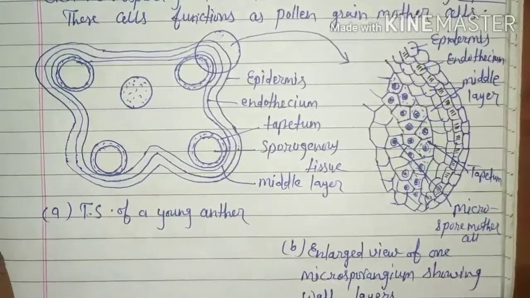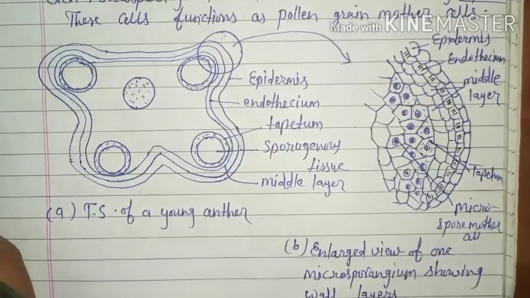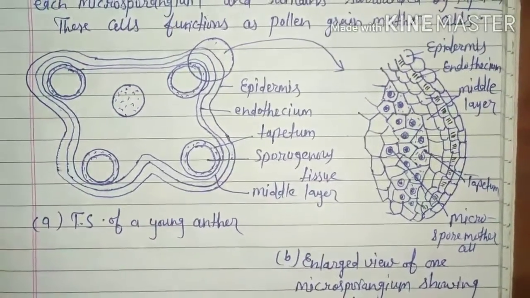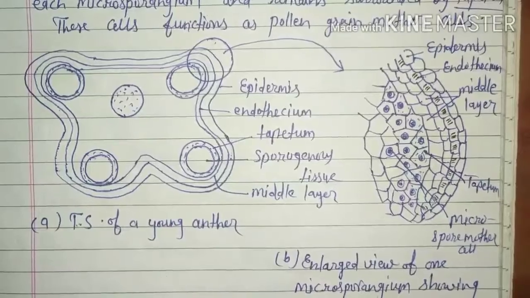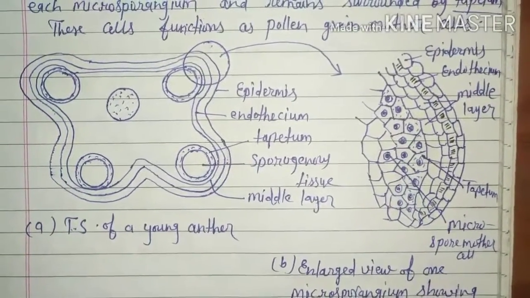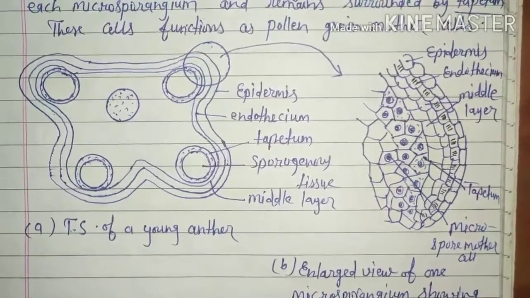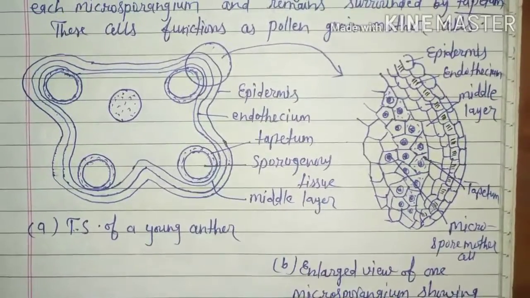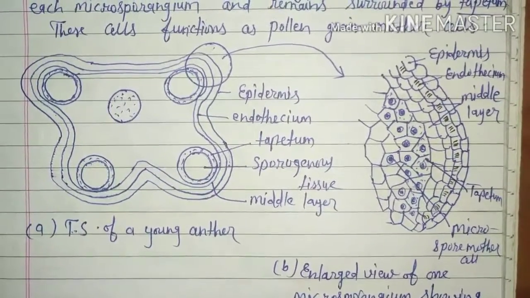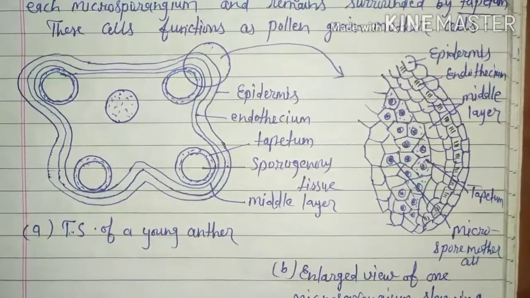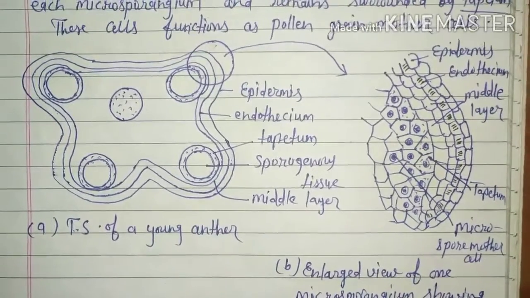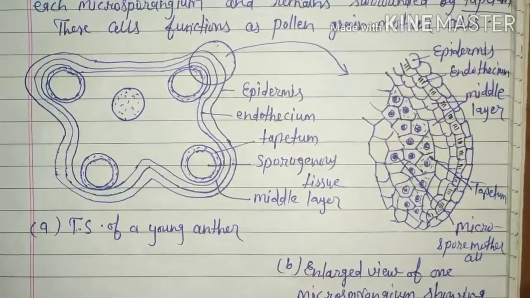During development of the anther, microsporangia are formed, and each microsporangium is covered by four layers.